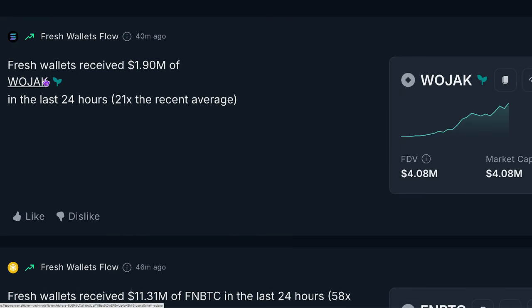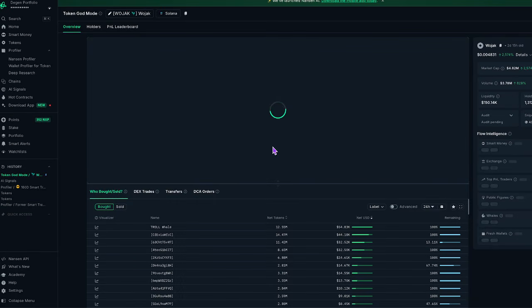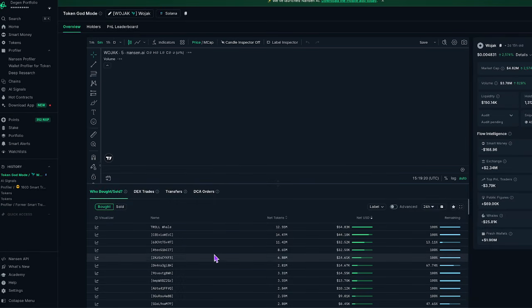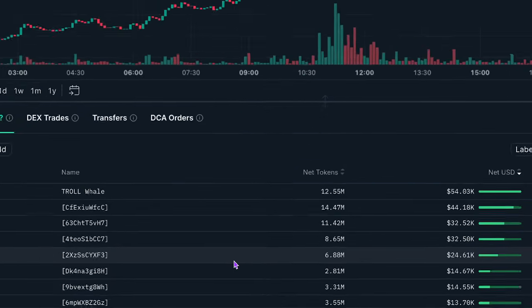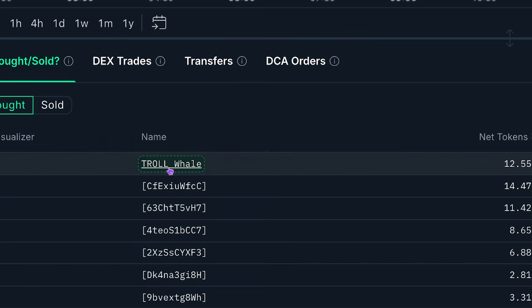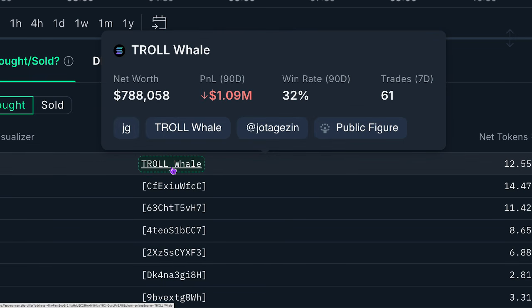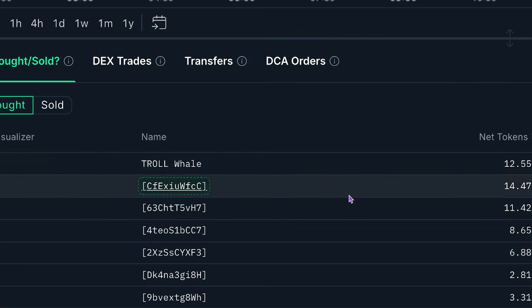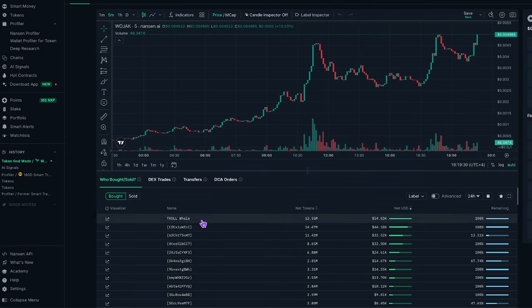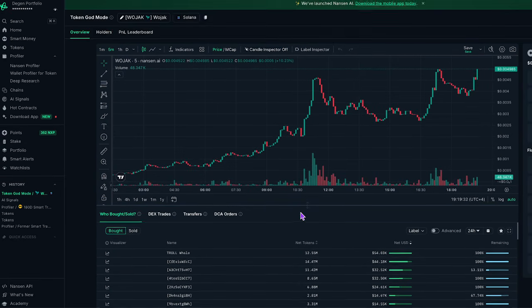You can see here, Wojak has received 1.9 million. A fresh wallet or wallets have received that much. So if you go to Wojak, let's have a look at Wojak here. We can see net inflows. It gives you the troll whale, okay, is now obviously diversifying into a bit of the good old Wojak.